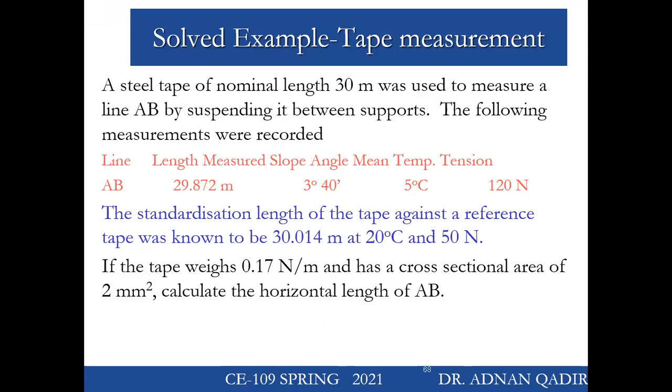Tension 120 Newton. And the standardization length is 30.014 meter at 20 degrees centigrade at 50 Newton. The tape weighs 0.17 Newton per meter, and the cross-section area is 2 millimeter square. Calculate the horizontal length of AB. This is the problem statement.